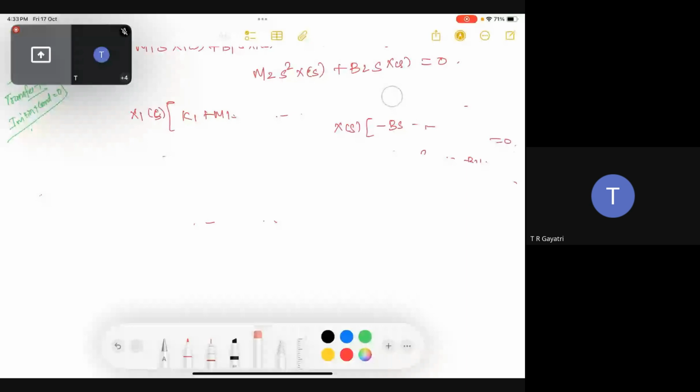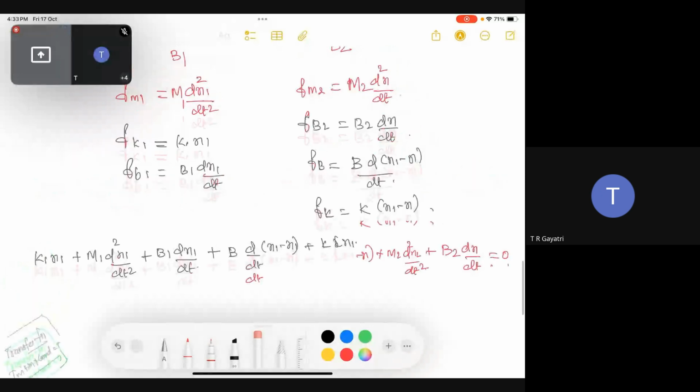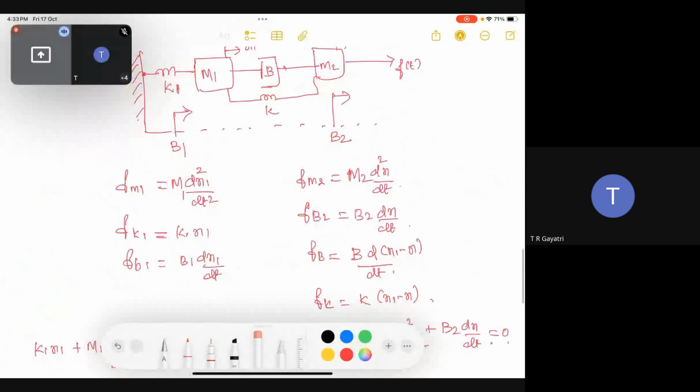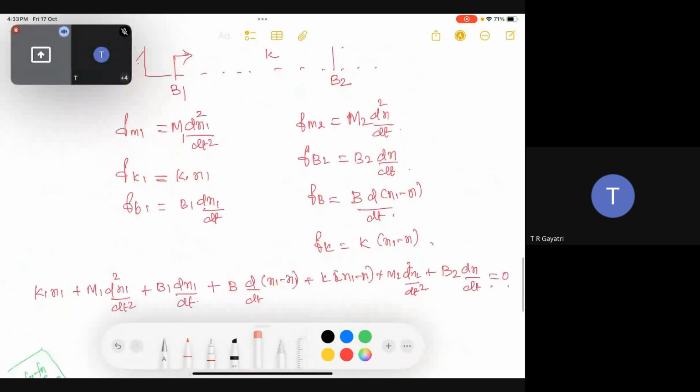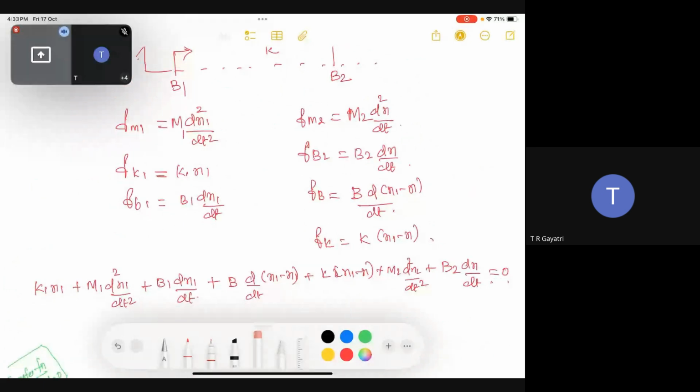Just this part. Okay, I'm first considering from the x1 point of view, then we will consider two different equations, then the substitution will be easy instead of going left and right. k1 x1 is there, m1 d square x1 by dt square is there, b1 dx1 by dt is there, and b d(x1 minus x) by dt is there, k is there.